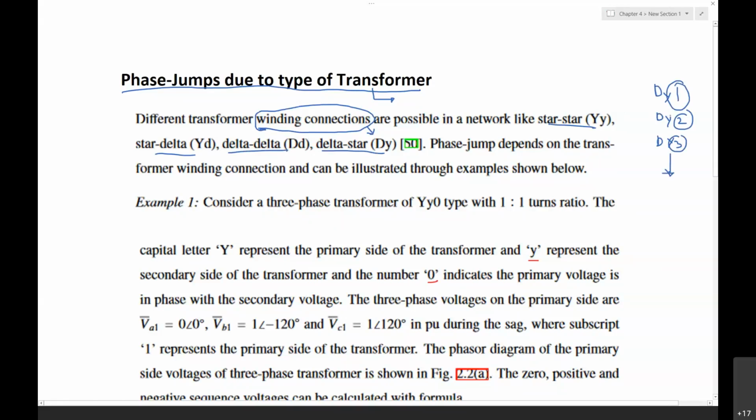You might be studying these in your PG also. I'll provide a paper for you on how we get to know about Dy1, Dy2, and Dy3.